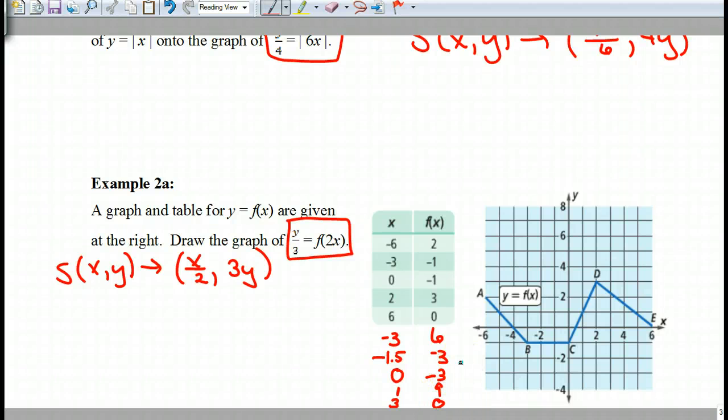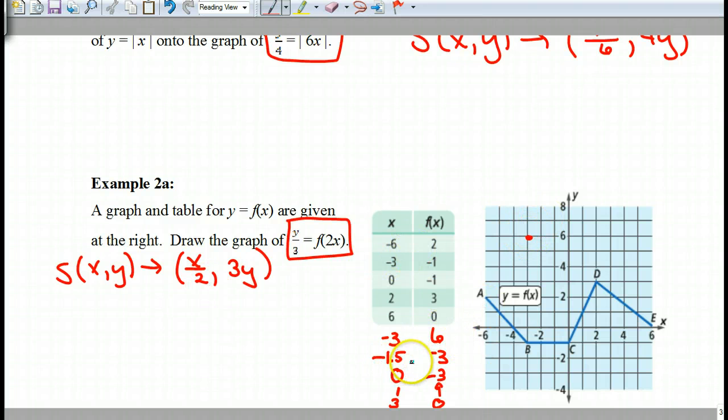Okay, so now what we want to do is draw these points back on this graph and look at the change. At negative 3, we're up 6. What did you do to get that, other than divided by 2? Divided the x's by 2, multiply the y's by 3. Okay, thanks. So that was the first one.